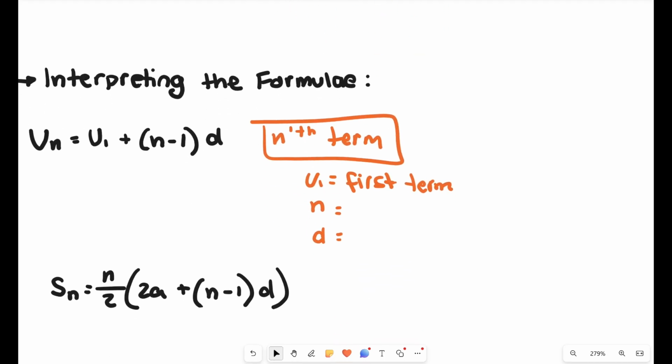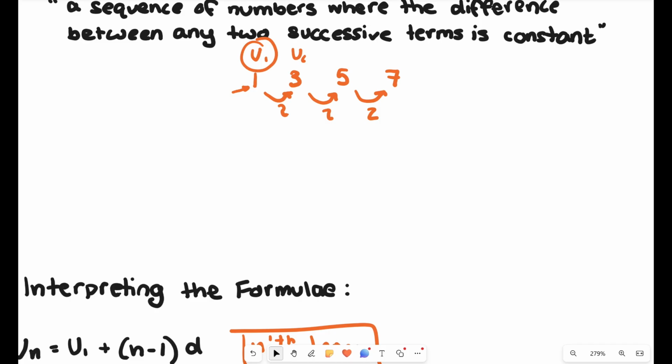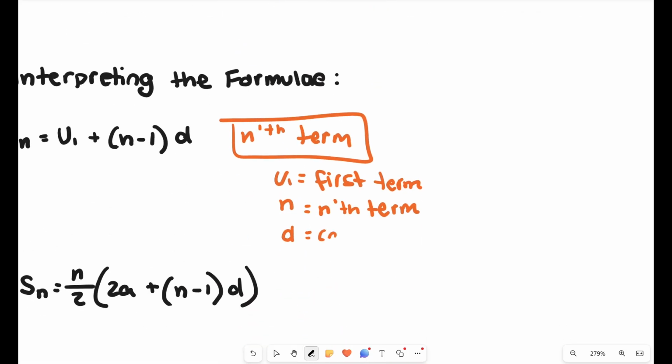N refers to the nth term that we're looking for. So the question may say, find the 6th term within the arithmetic sequence. In this case, n would be 6. And d is the common difference. In the previous example, the common difference would be 2. So I'm just going to write that down.